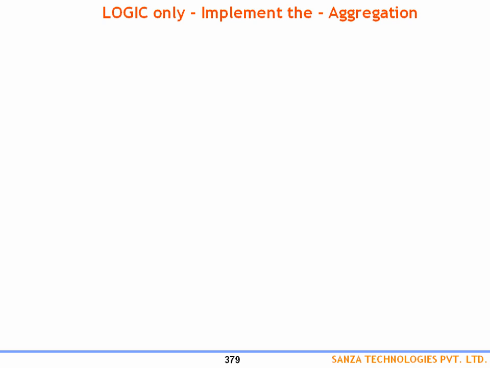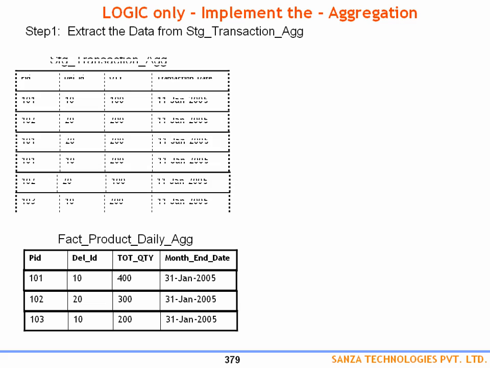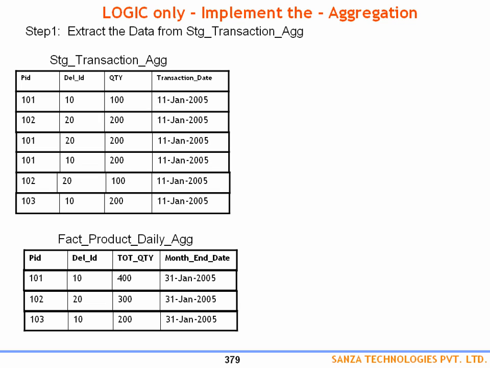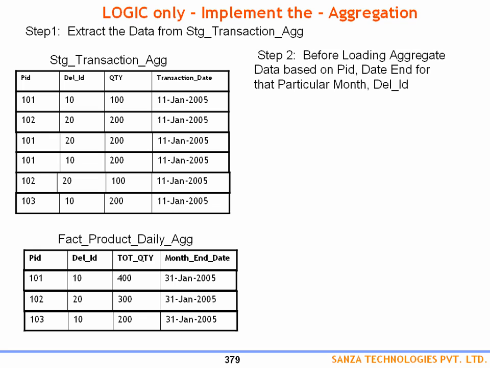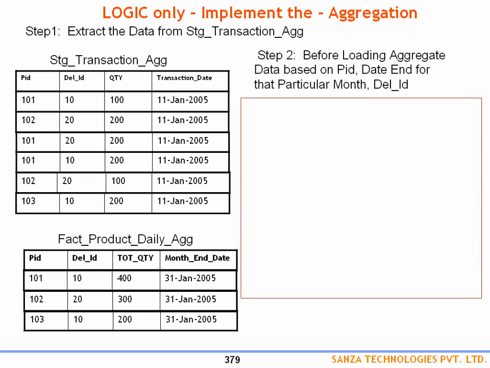fact table. Then the next day, 11th January transactions are coming from your staging table. How will you load it? Month to end date. So while getting the data from the STG transaction table, you aggregate it for 11th January 2005, but it is the same month.